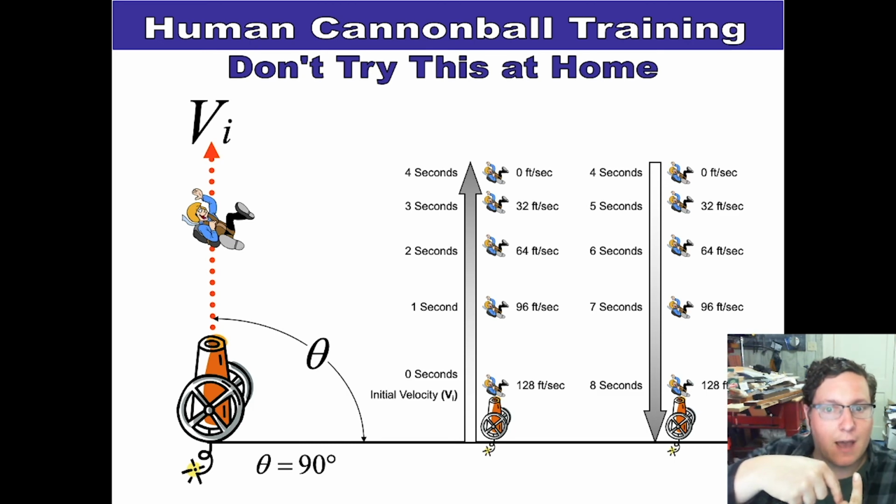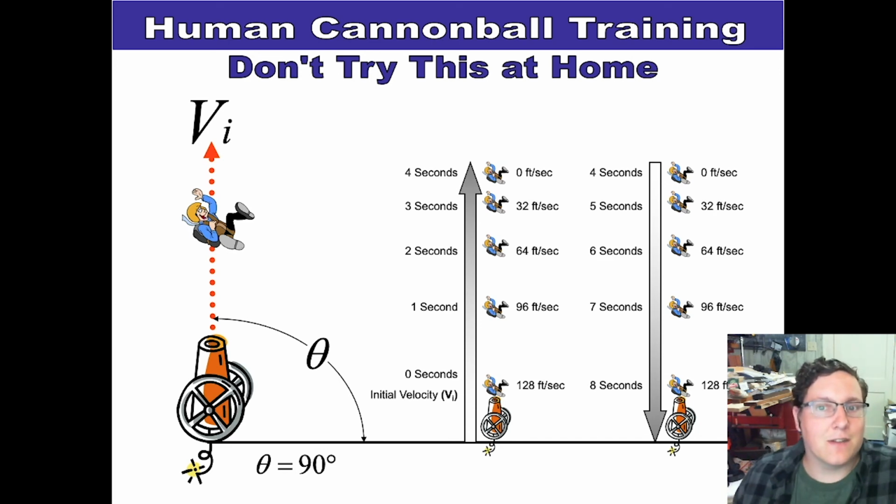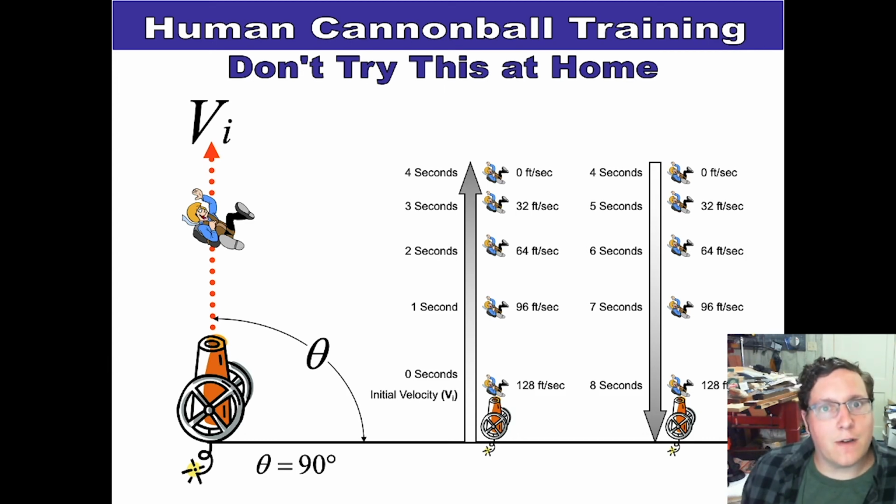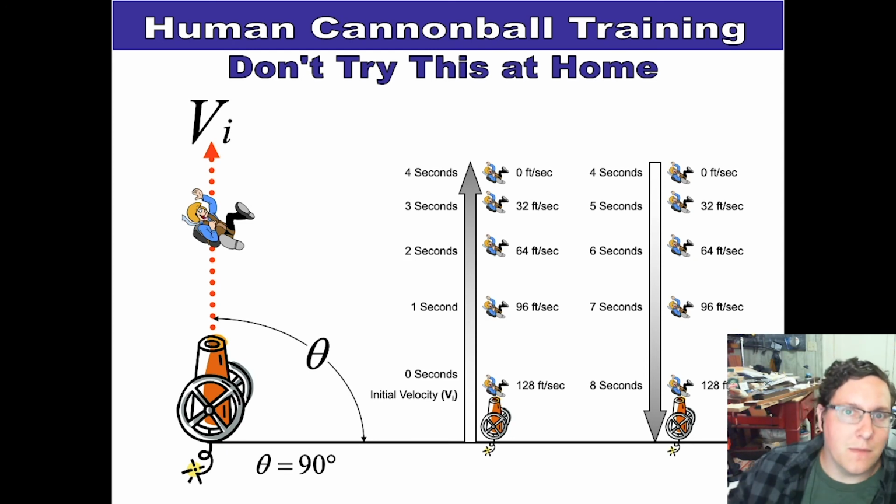After 2 seconds, that gravity has continued pulling down, so you're now down to 64 feet per second. At 3 seconds, you're down to 32 feet per second. At 4 seconds, you have this moment where you're not feeling any forces applied to you. It's where you throw a ball up into the air and it stops for a fraction of a second. And that's that zero velocity.